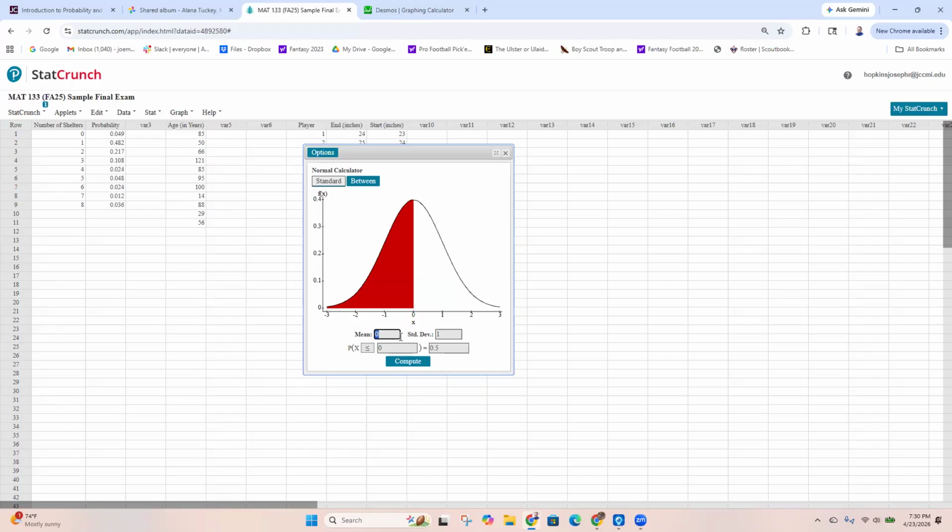I have x's, so they give me a mean of 45.3 and a standard deviation of 14.8.